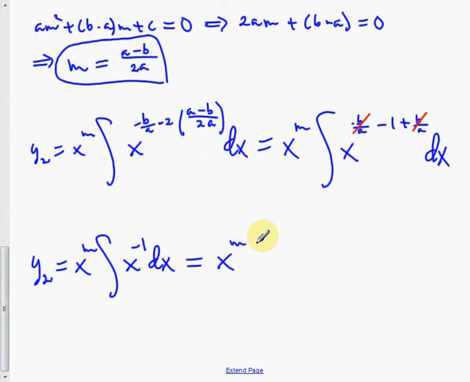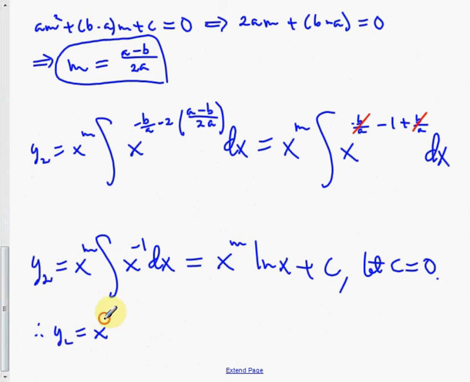X to the m times the natural log of x plus c. Let c equal 0. And so y sub 2 is x to the m times the natural log of x.